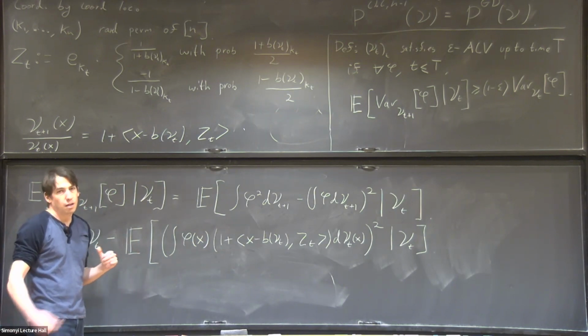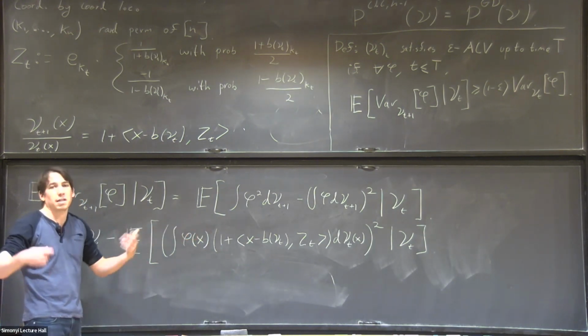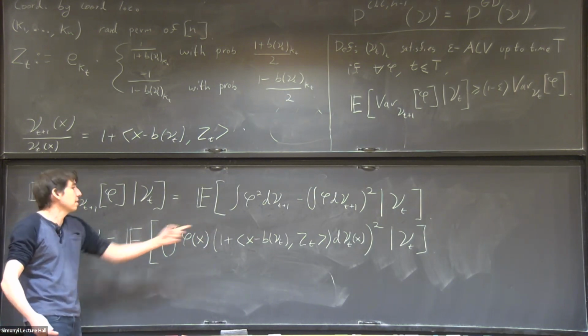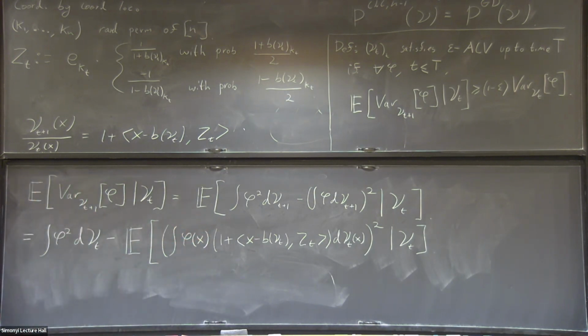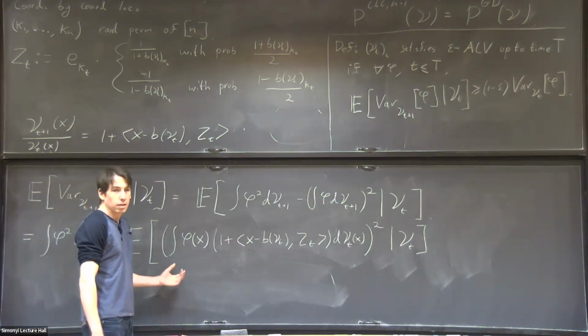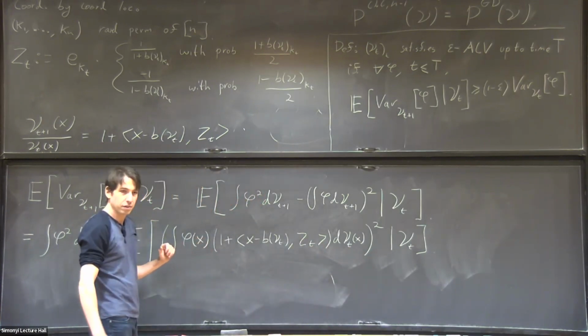Even if I don't condition, the expectation is over z1, z2, z3, etc. But here, since I condition on nu t, it's only z t left to generate the randomness from.